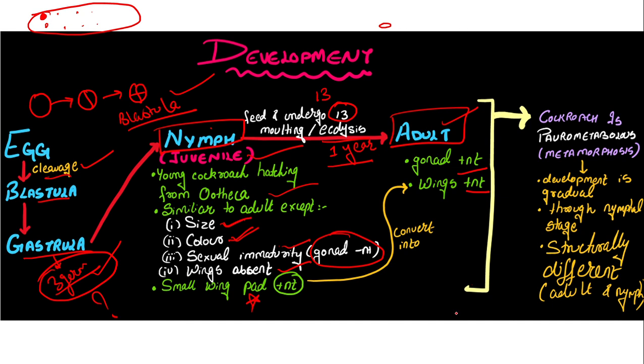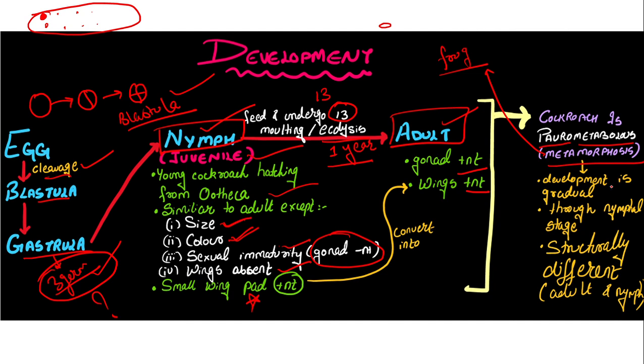Okay, now this type of development where direct adult is not formed, you have an intermediate stage that we call nymph. This type of development we call metamorphosis, which here in cockroach we call paurometabolous. Metamorphosis, if you remember, you must have studied in frog, class 8 standard में.